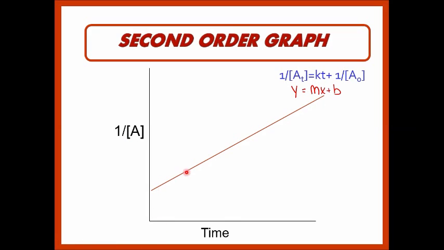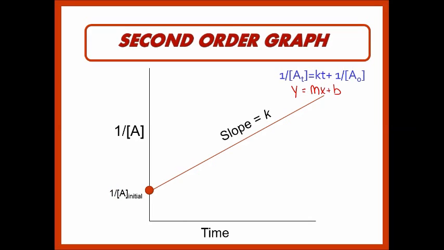And so this line is actually going to have a slope which is equal to k. And so remember that this is different from our 0 and first order plots, because those had a negative k equal to the slope, where second order is the only plot which has the slope equal to the positive rate constant. And additionally, our y-intercept is going to be equal to 1 over the initial reactant concentration.